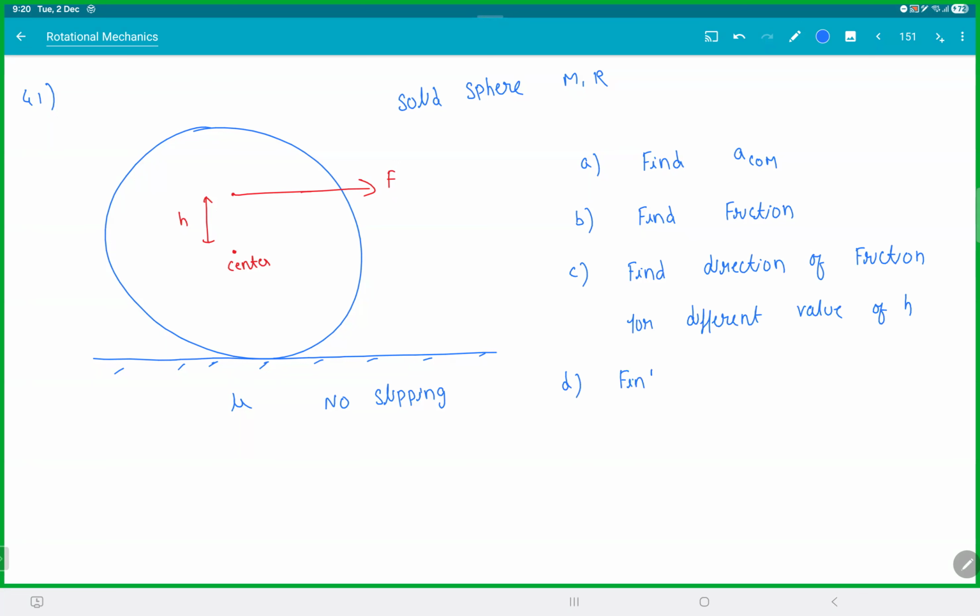Find mu minimum for no slipping. Again, remember the process. Step one, choose your body, draw the FBD, assign accelerations, relation between them, force equation, torque equation, solve. Try. Take 2 minutes, then I'll show you.